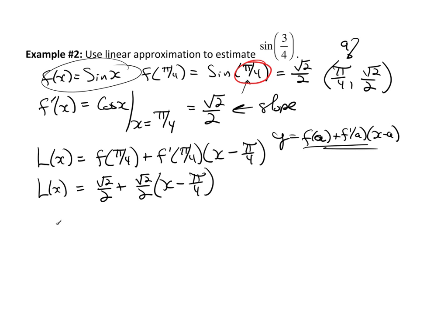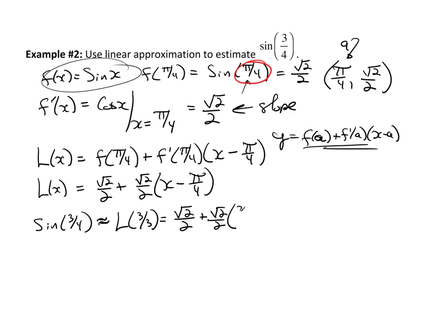Now I need to approximate sine of 3/4. So sine of 3/4 is approximately the linearization at 3/4, which would be root 2 over 2 plus root 2 over 2 times 3/4 minus pi over 4.